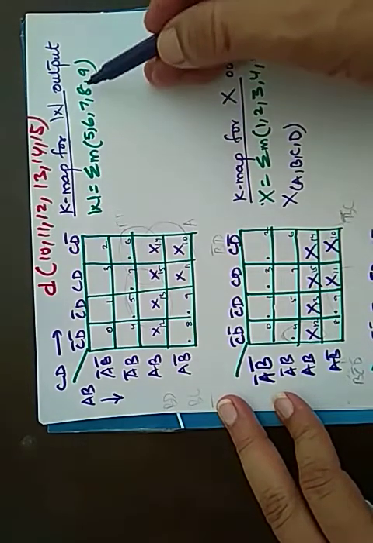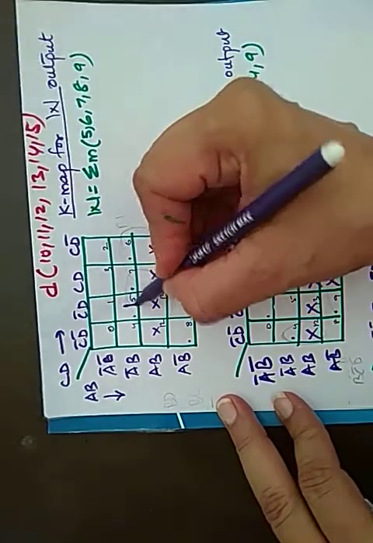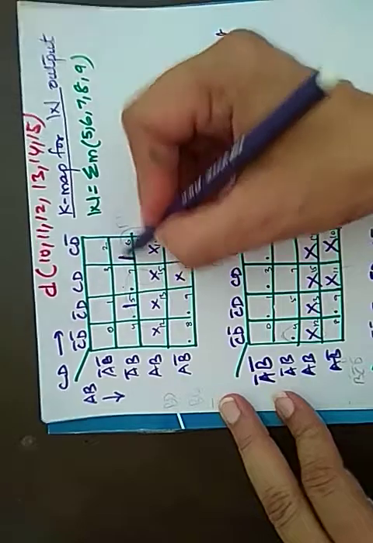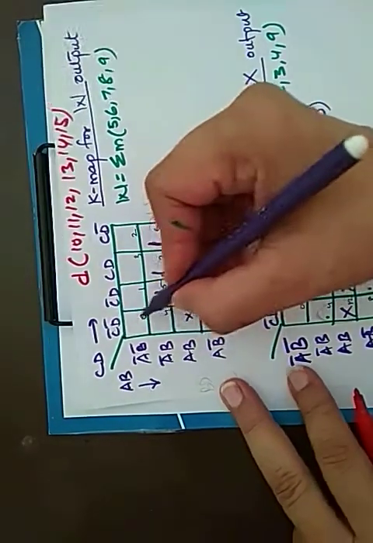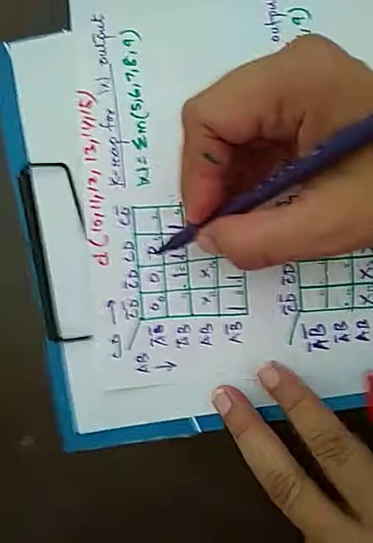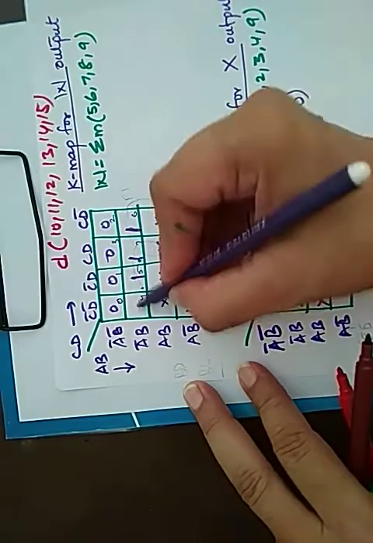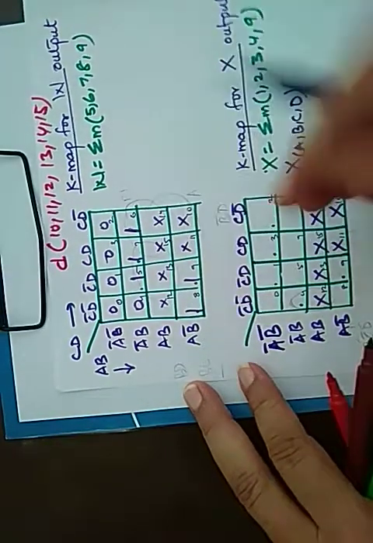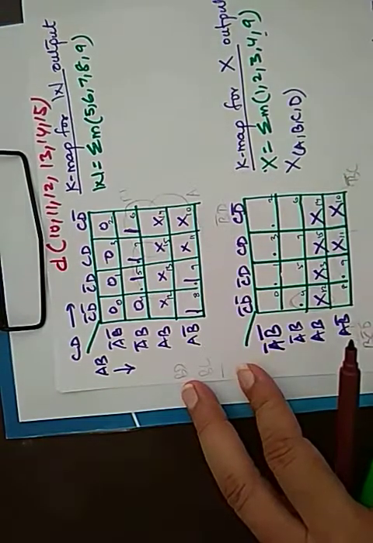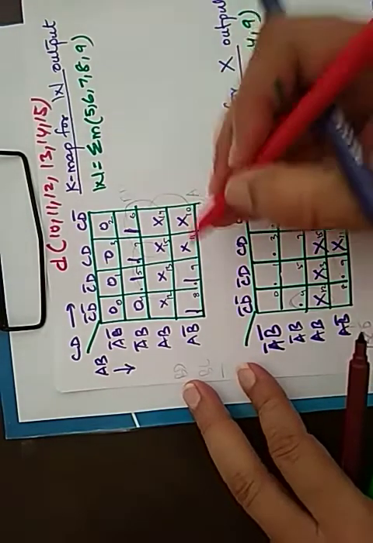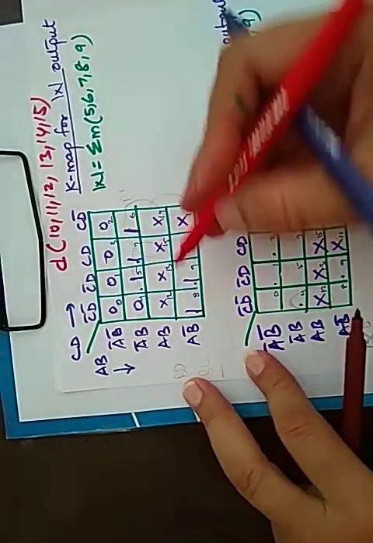Sigma M 5, 6, 7, 8, 9. The remaining squares will be filled with zeros. Then our next step is to do the grouping. Our rule is to start looking for a bigger group.